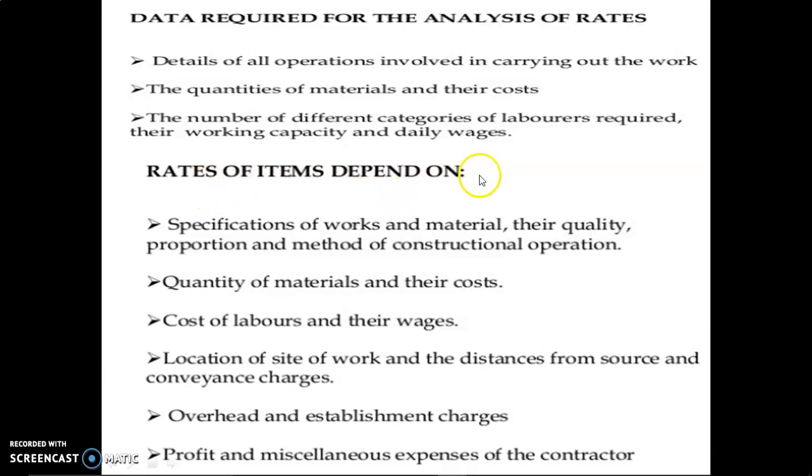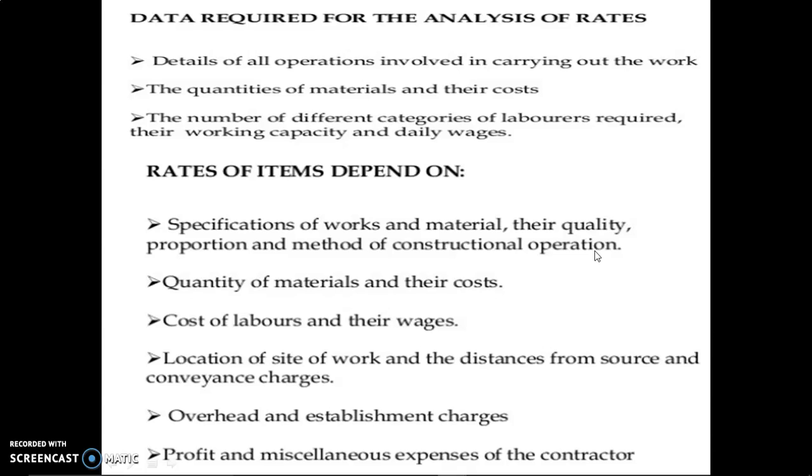Now, rates of items depend on the specifics of works and material, their quality, proportion and method of constructional operations. Again we take the example of cement. If you go through OPC and you go through PPC, there is a little bit of difference between the rates of these cements.